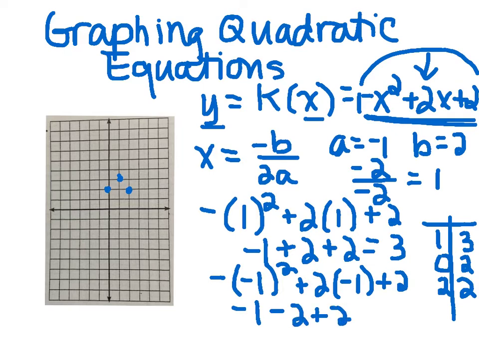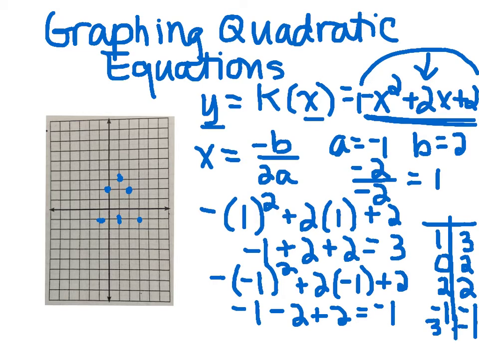So this all equals negative 1. When I plug in negative 1 for x, negative 1 comes out for y. So negative 1, negative 1. And I know that if that's 2 points away from the line of symmetry, then this is also a point. And if I did the math, I could show you that 3, negative 1 will also be a point.